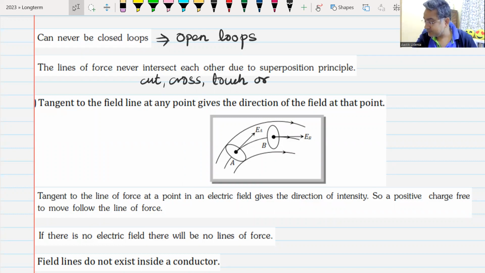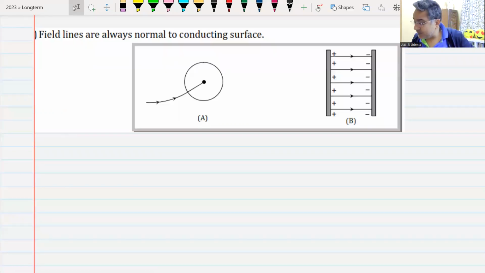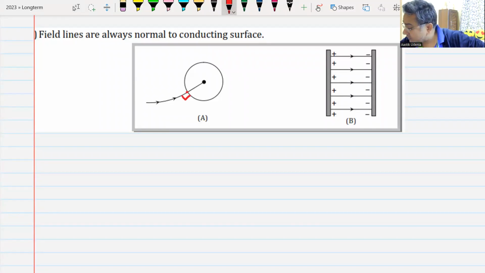The next thing that we are going to write is for a conductor. Electric field lines are always normal to a conductor. Whenever they are entering a conductor, they will be normal. Whenever they are emerging out of a conductor, they will be normal.